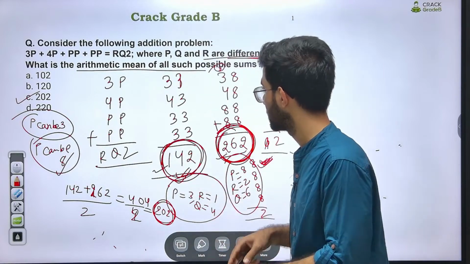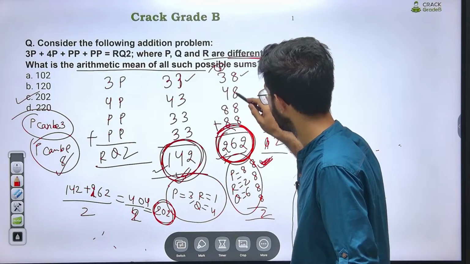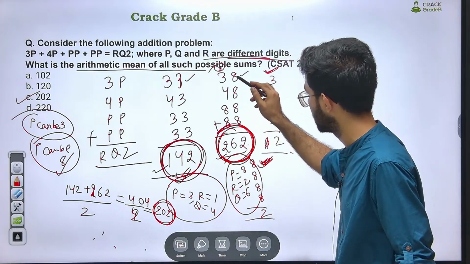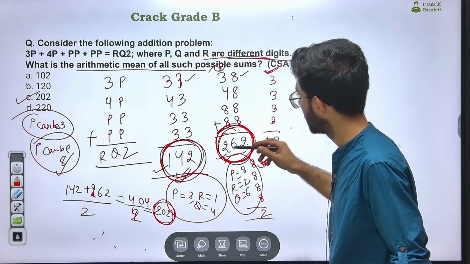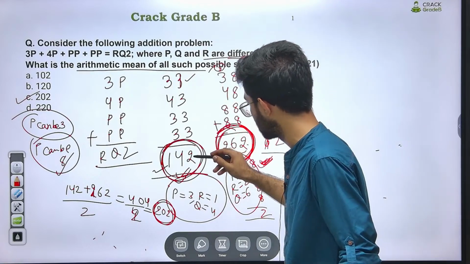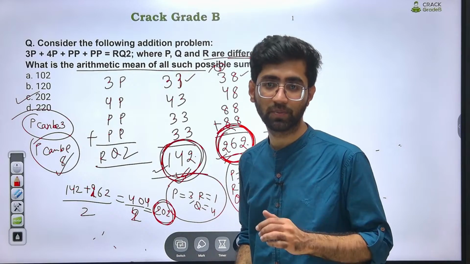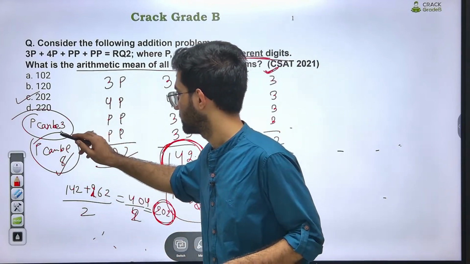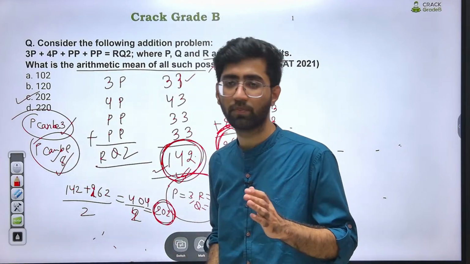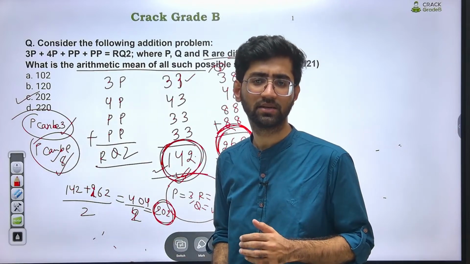And we found that only P as 3 and P as 8 satisfies this condition, that you get 2 at unit place. So the possible values for P were 3 and 8.